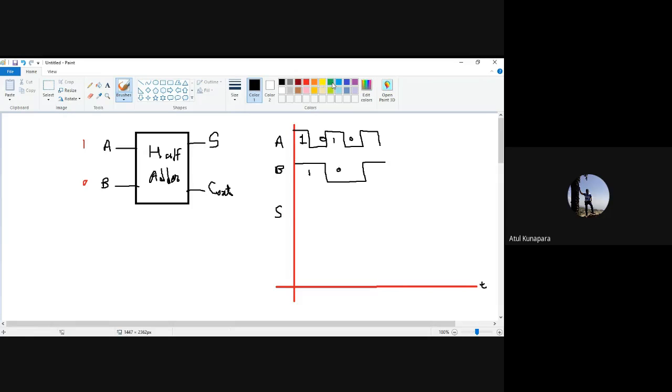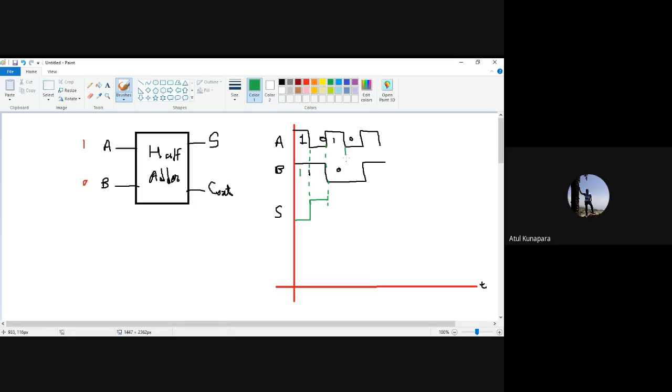You can see that your sum output from this instant to this instant, your B is 1 and A is also 1. So 1 plus 1, your sum is going to be 0, right? After that, up to this point, you can see that your A is 0 and B is 1. So your sum is going to be 1 there.